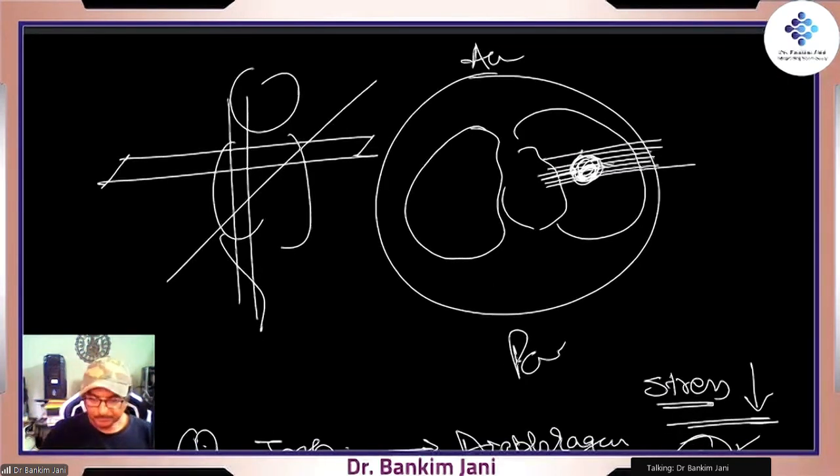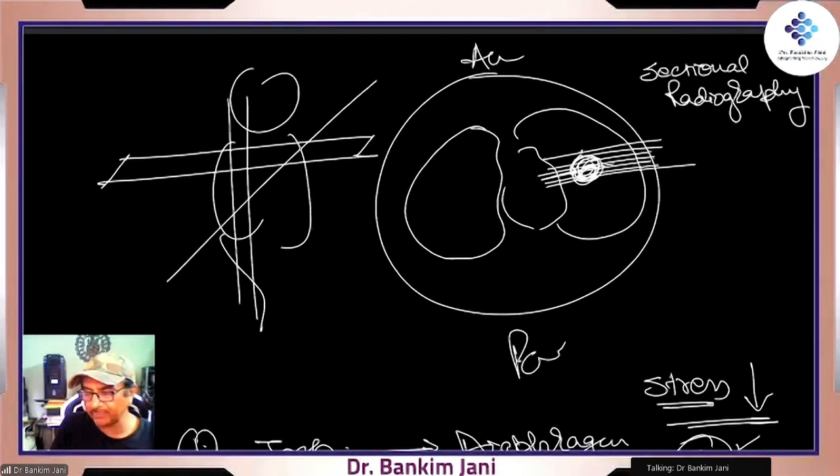Now, what exactly is a CT scan? A CT scan is a cross section, as if you are cutting the body and then watching that section. That's why it is called sectional radiography. Sectional radiography is possible in any plane.